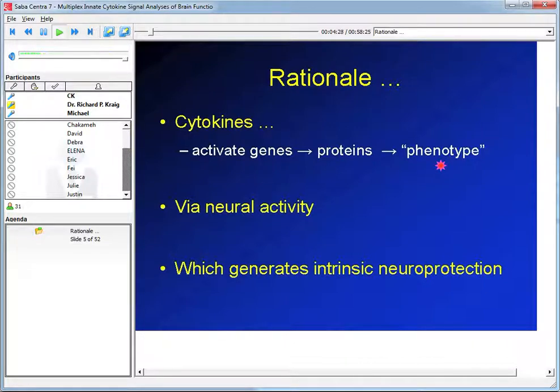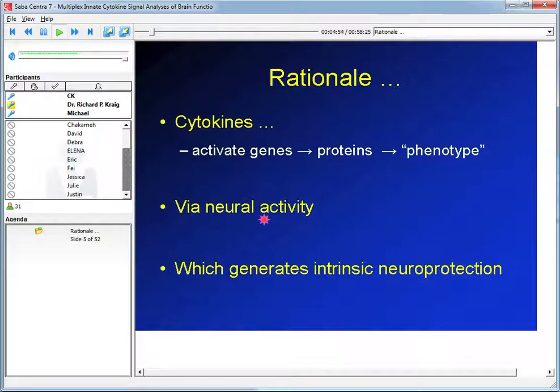They do this, we believe, and others have established this before us. We're going to embellish it quite a bit, that intrinsic neural activity itself has an immune subliminal signaling system that consists of innate cytokines as well as other immunomolecules that are responsible for the so-called ischemic tolerance, or as we would refer to it, intrinsic neuroprotection from neural activity.